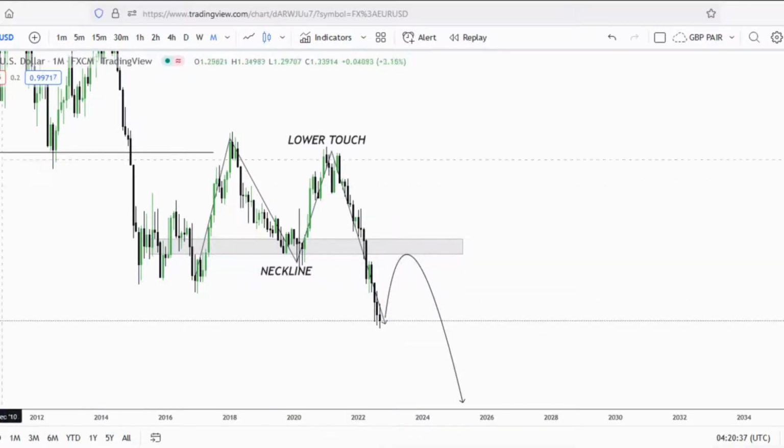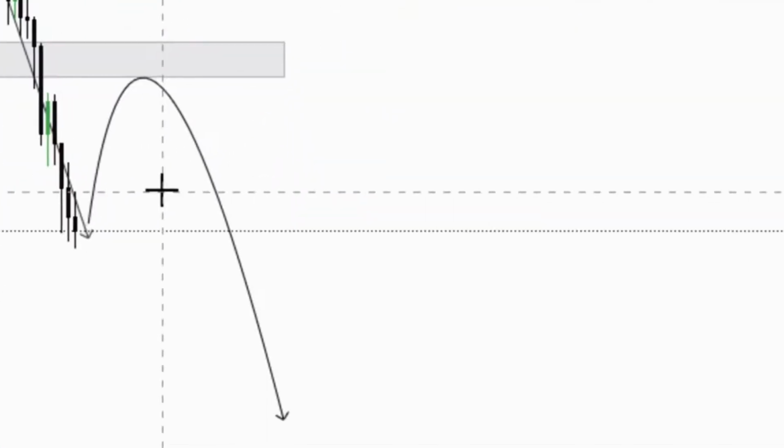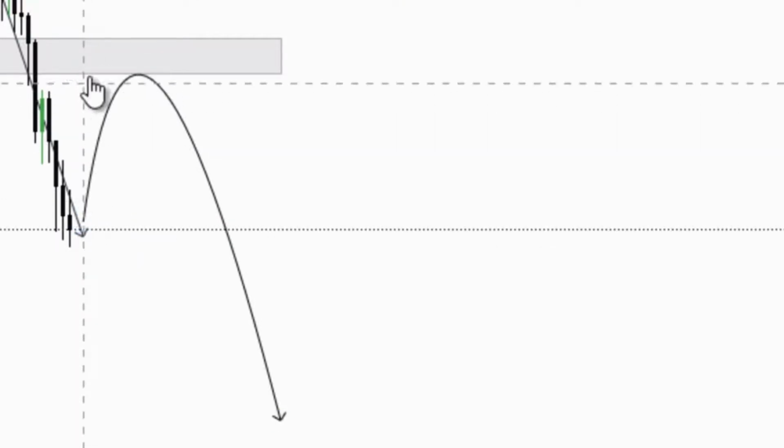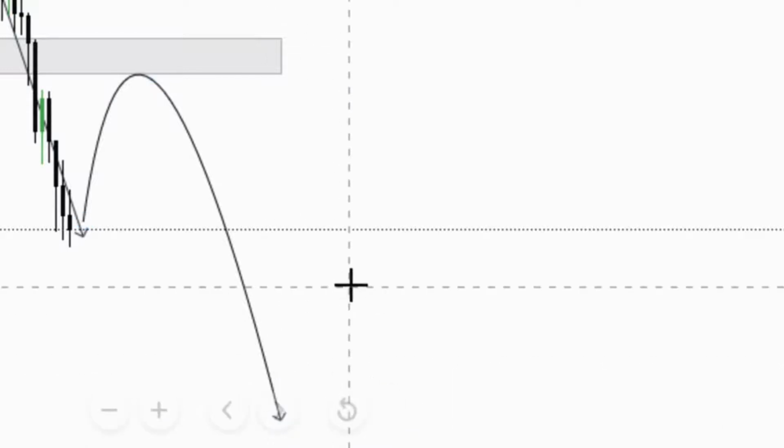So in the interim, I'll be looking to buy this pair all the way to this point, and then when I get some sort of confirmation here that price is going to reverse, I go in with the sell. I sell hard here. But for now, I'm expecting price to go back to test this neckline and then continue its way down.